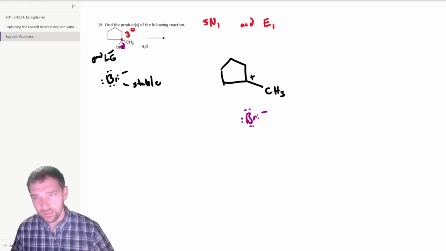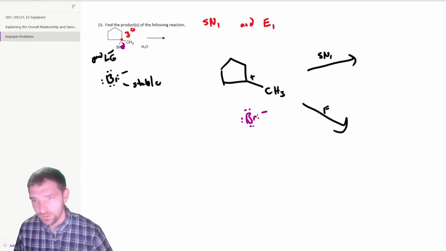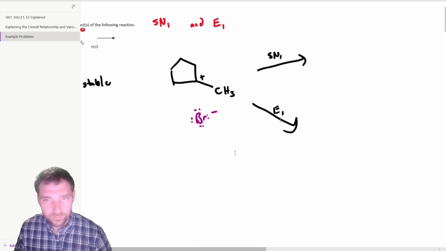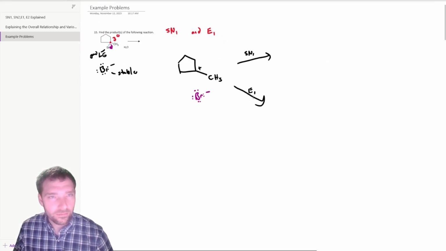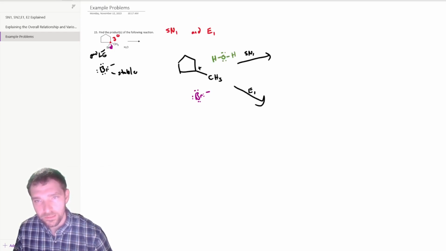You can either have the water coming in, or you can have this causing an elimination. So we'll consider the SN1, and then we'll also look at the E1. If we're thinking about SN1 here, this is going to potentially now have this water attacking this from a couple different sides.